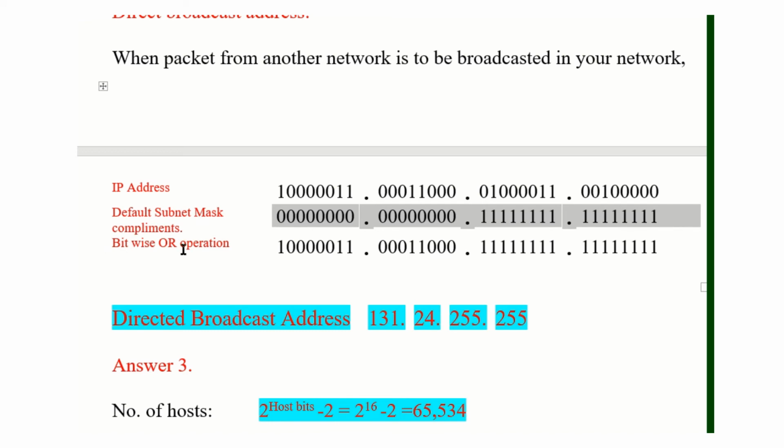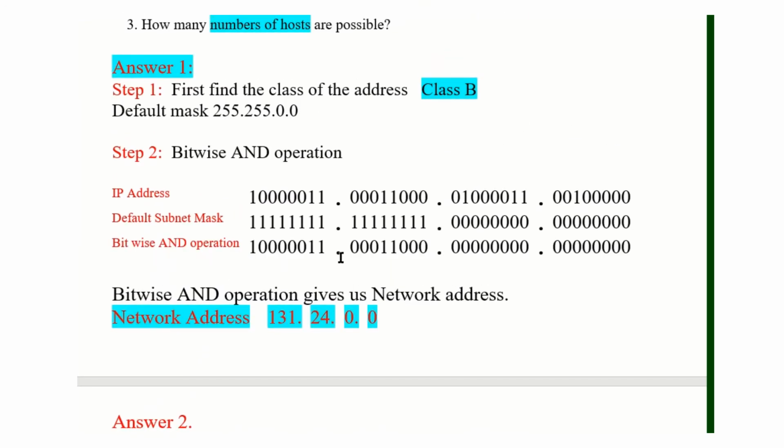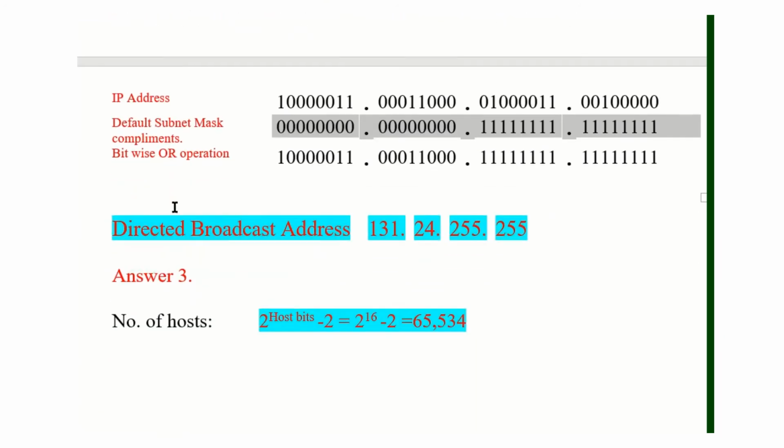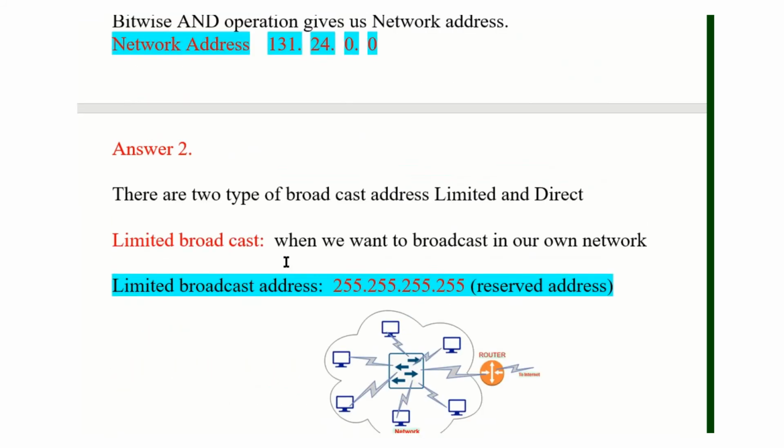Remember, bitwise OR operation. In the network ID it was bitwise AND operation; here it is bitwise OR operation. So it comes out to be this. The directed broadcast address will be 131.24.255.255.